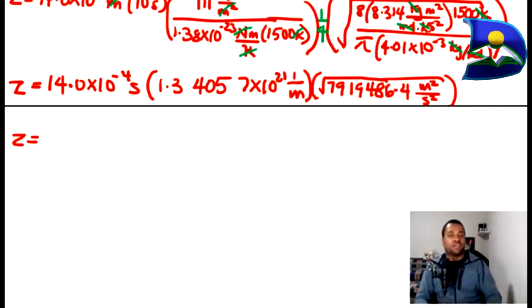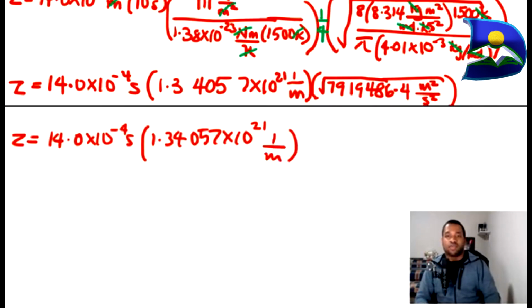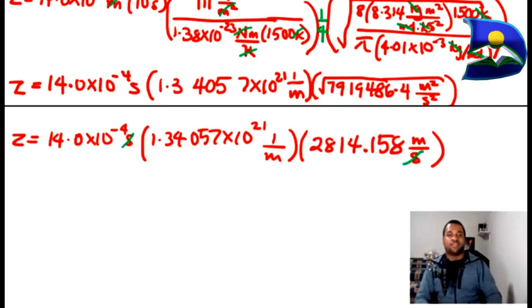So in this part, by re-evaluating this, we have our square root, and our meter squared becomes meter, and our second squared becomes seconds. And so next is evaluating our units. Seconds cancel out our seconds, meters cancel out our meters, and what we are left with is our Z value.